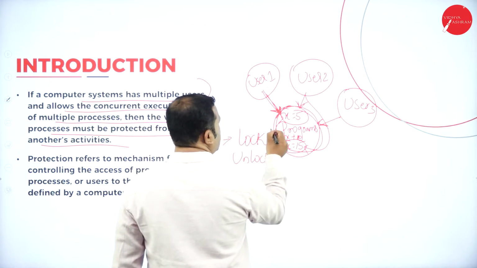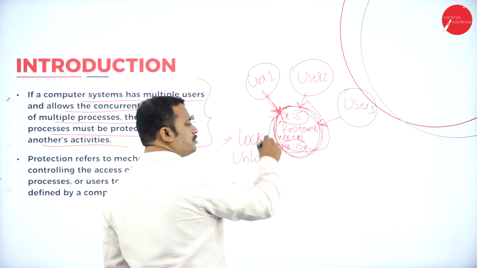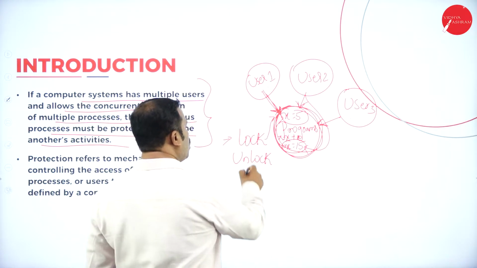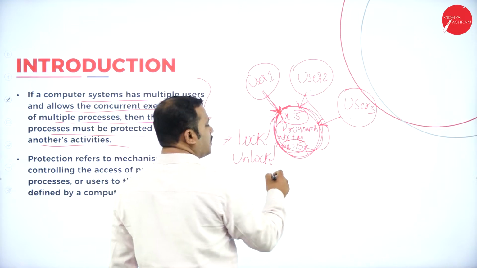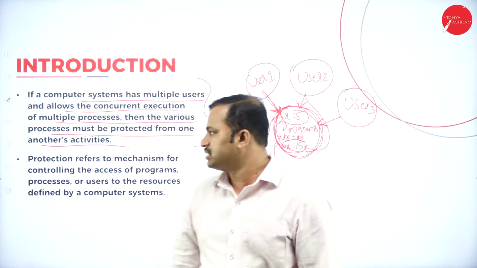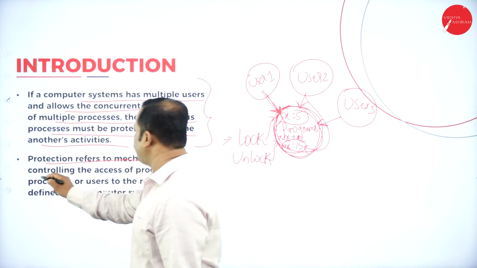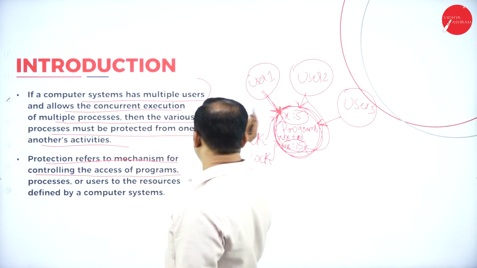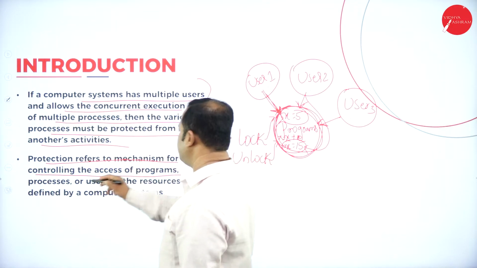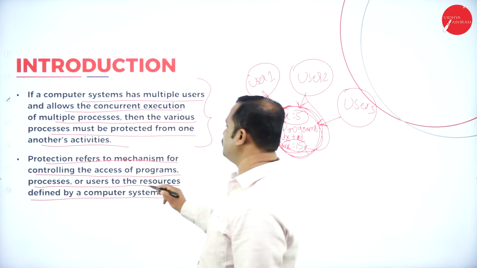The lock property enables the users to lock the execution of these programs, and unlock enables the programs to be unlocked for users. That is how we are going to do that. This protection refers to the mechanism for controlling the access of programs, processes or users to the resources defined by the computer system.